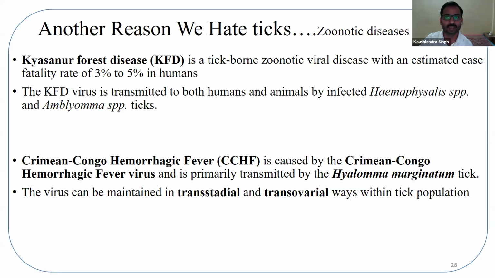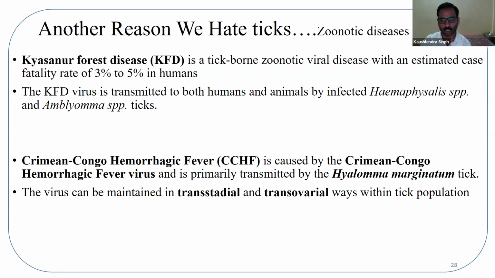Another reason we hate the ticks is that they transmit zoonotic diseases like KFD and CCHF. KFD is a tick-borne zoonotic viral disease with an estimated case fatality rate of 3 to 5% in humans, and it is transmitted by Haemaphysalis species and Amblyomma species.